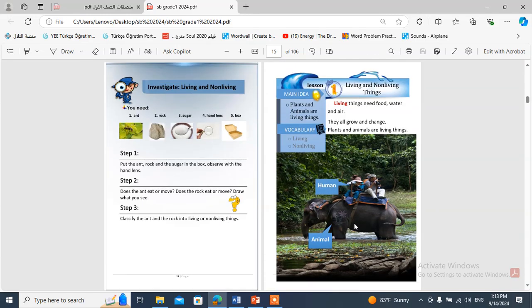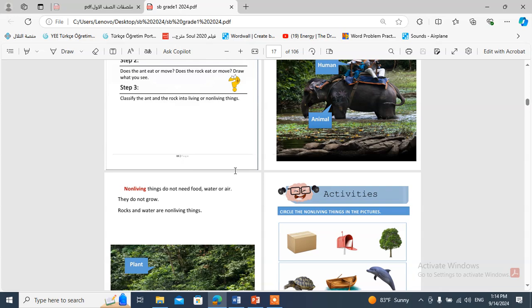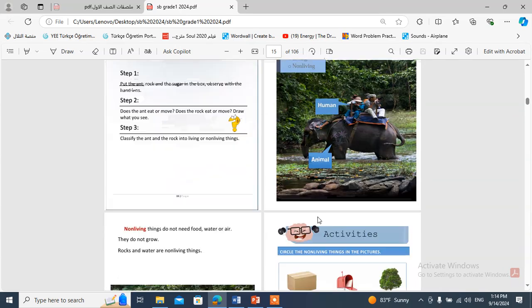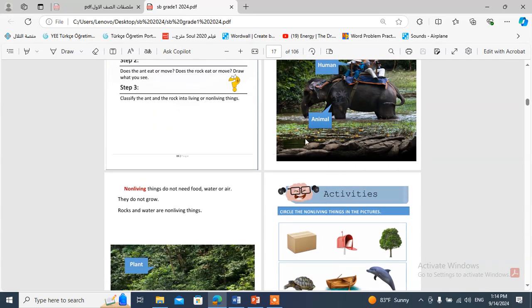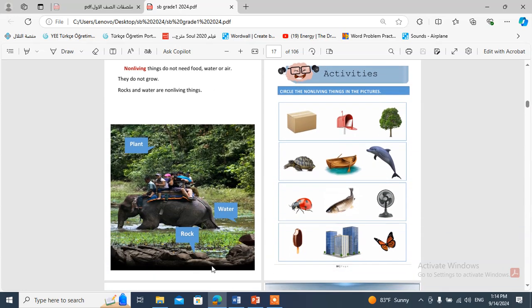Living things, the elephants, they are animals. Humans and plants, they are living things. Non-living things are rocks, water, and maybe some soil here or there. Okay, rocks, water, they are non-living things.